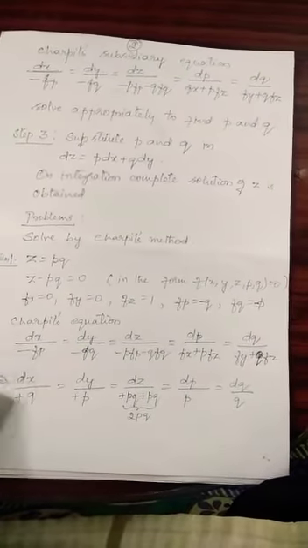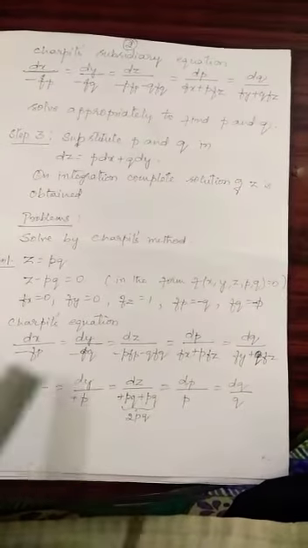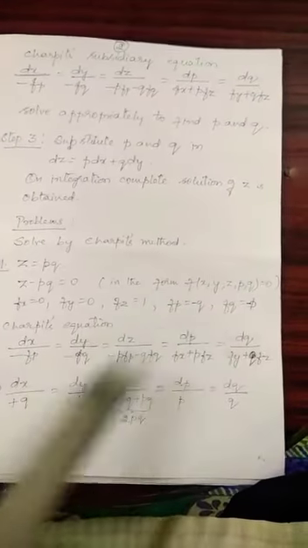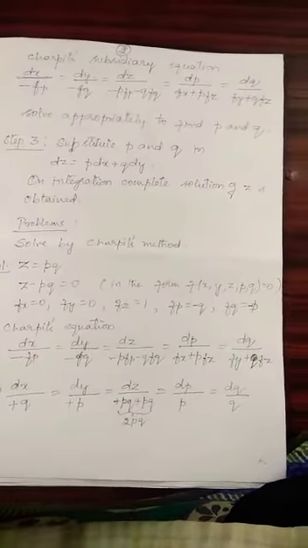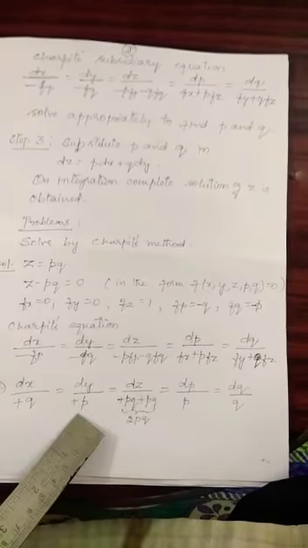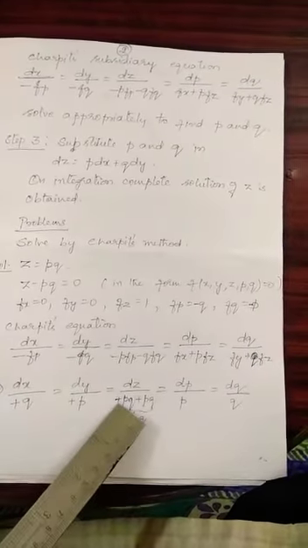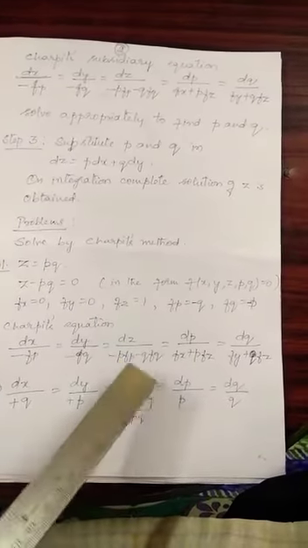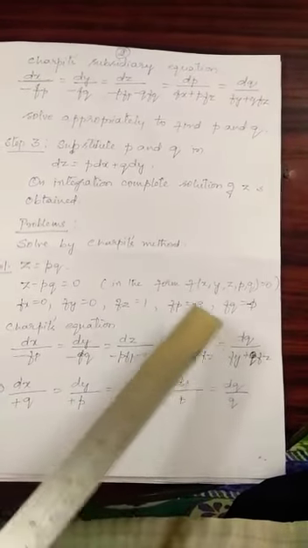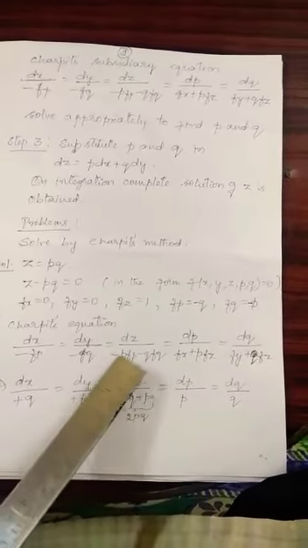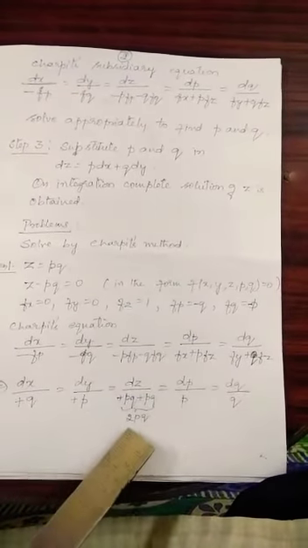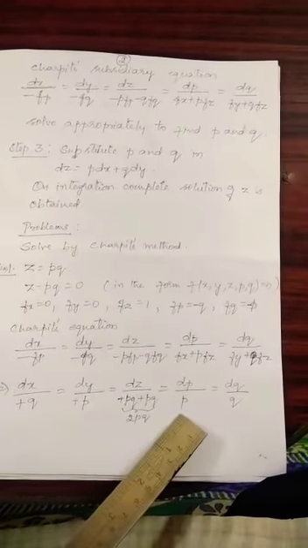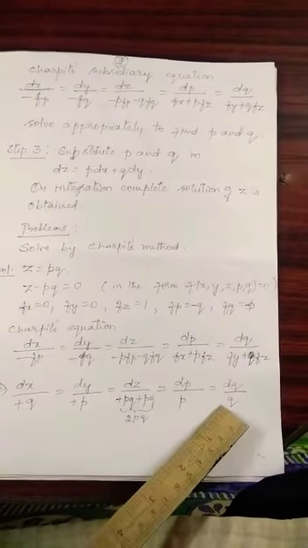So dx by minus fp, which is minus minus q, becomes plus q, is equal to dy by plus p, is equal to dz by, substituting, minus p into fp; fp is minus q, therefore minus p into minus q is plus pq, plus pq, which becomes 2pq. So dz by 2pq is equal to dp by p is equal to dq by q.